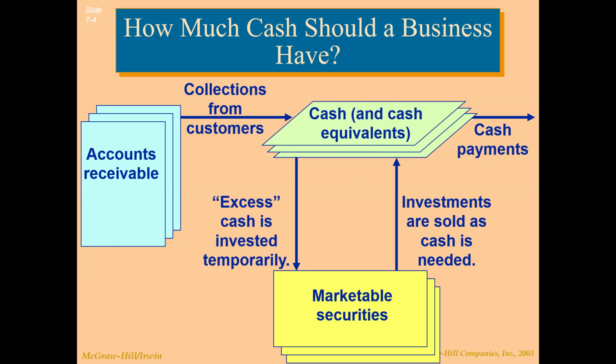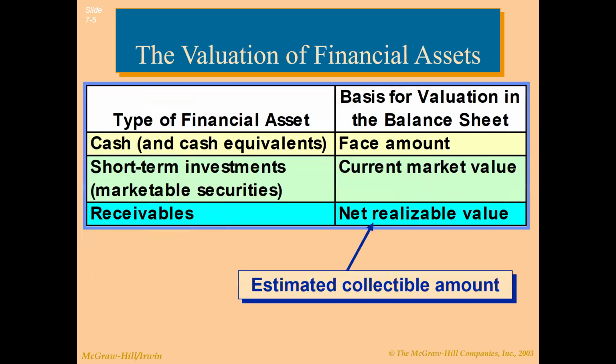The first is cash and cash equivalent. The second is your marketable securities, or in British terminology, we may call it investment in securities. And the third one is accounts receivable.